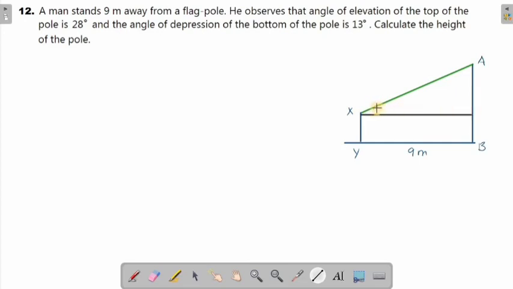This angle is given to be 28 degrees. So this is the angle of elevation of the top of the tower, 28 degrees.